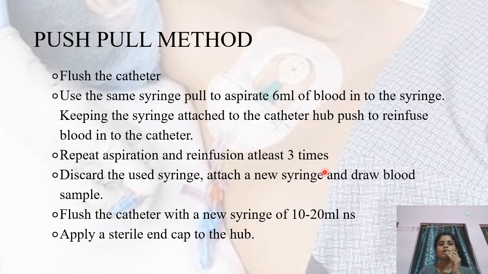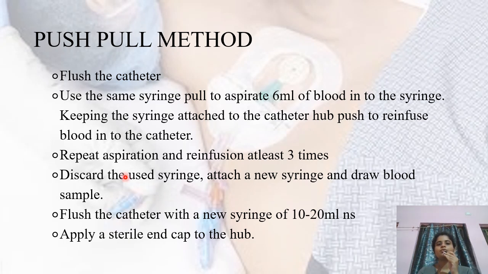Like this you have to do it at least 3 to 4 times, aspiration and reinfusion, and then discard that used syringe, attach a new syringe and draw the blood sample. After drawing the sample, you should flush it with 10 to 20 ml NS and apply a sterile end cap to the hub.